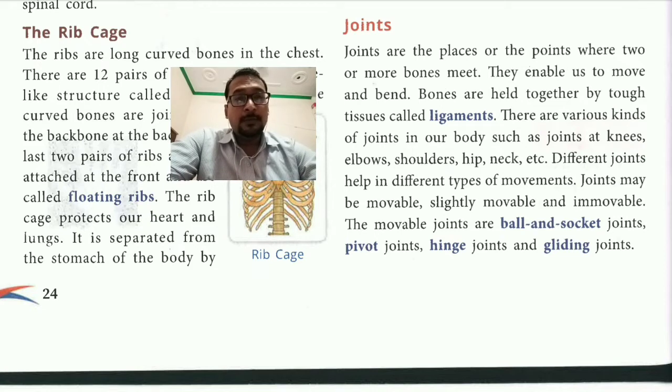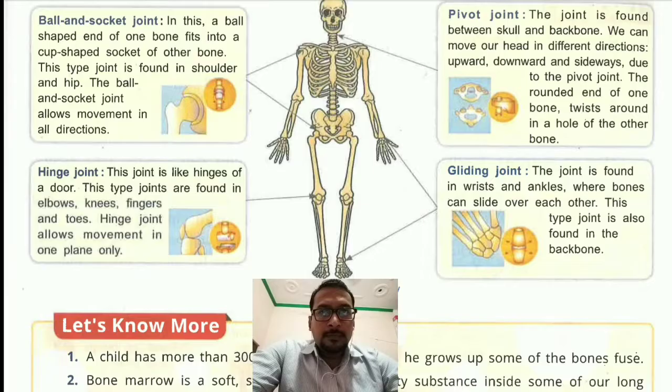Joints may be movable, slightly movable and immovable. The movable joints are called ball and socket joints, pivot joints, hinge joints and gliding joints.